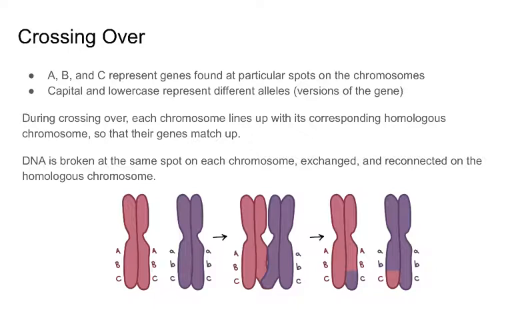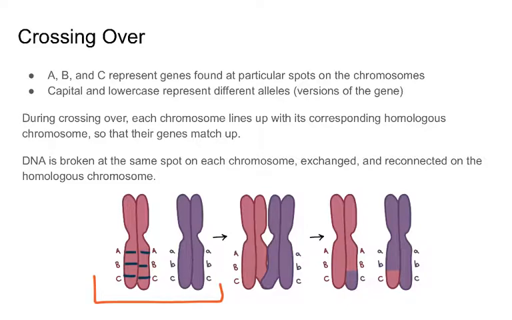If you look at this image, you see that there are two homologous chromosomes. The pink one has actual genetic code, and I'm going to do this in a different color, with genes in these three locations.